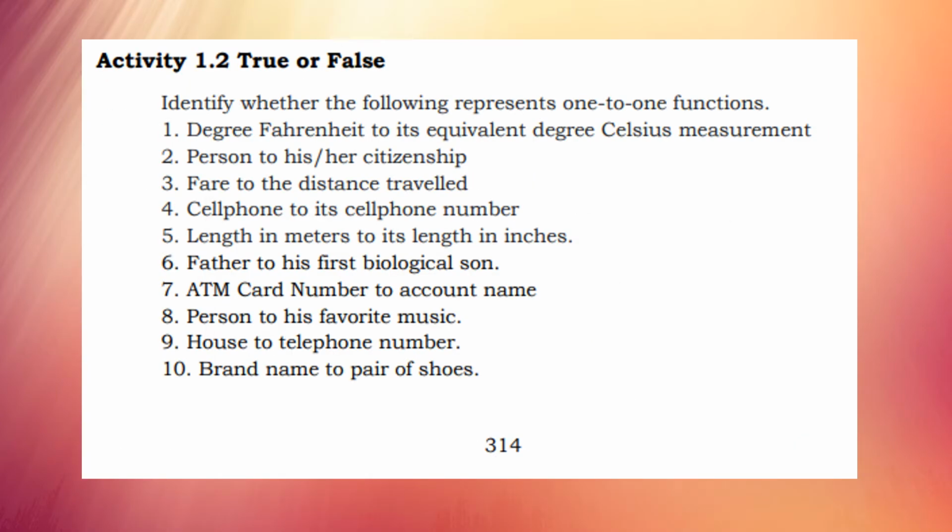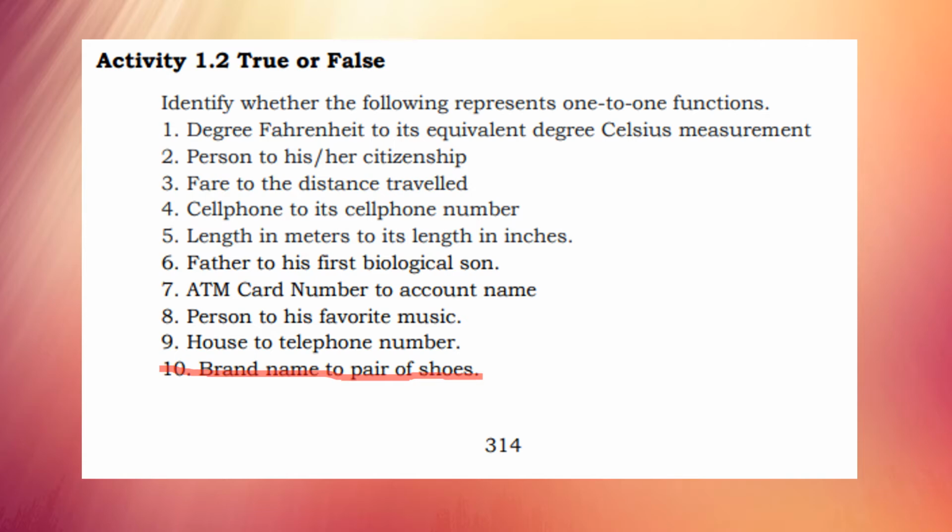Now, for this part, I ask you to do this 10-item true or false activity. We will say true if it's a one-to-one function. If it is not a one-to-one function, it is false. For example, let me do number 10. The brand name to pair of shoes. For example, our brand is Nike.